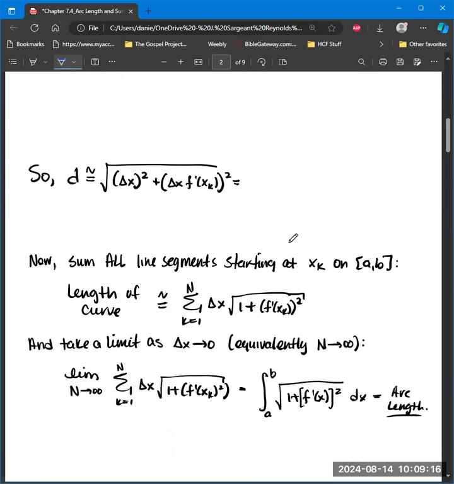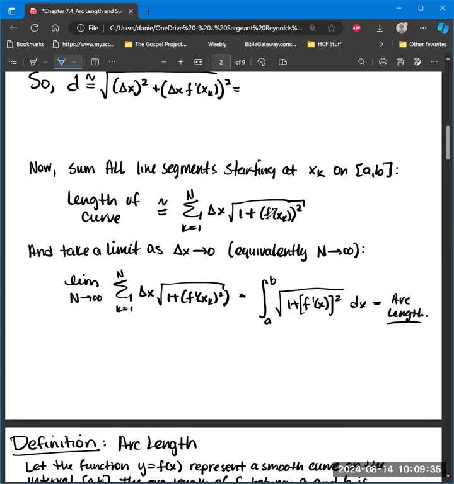Then we square that, and delta x squared can factor out, and the square root of delta x squared is delta x, and left on the inside is 1 plus f prime of x sub k squared. And that's what our formula is going to look like here in just a second. This is our length of the curve as k goes from 1 to n when we had n subintervals here.